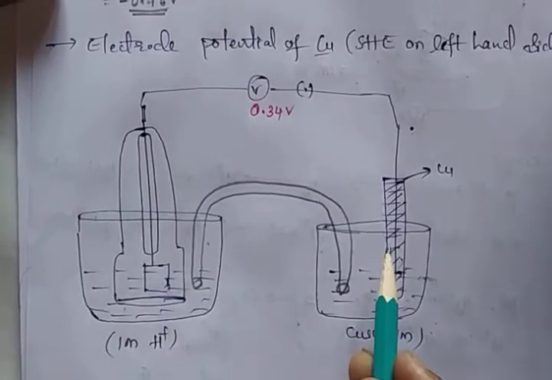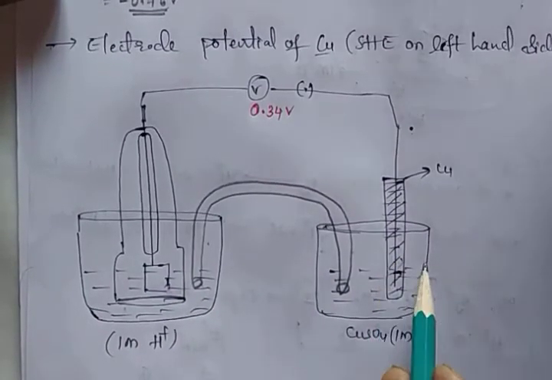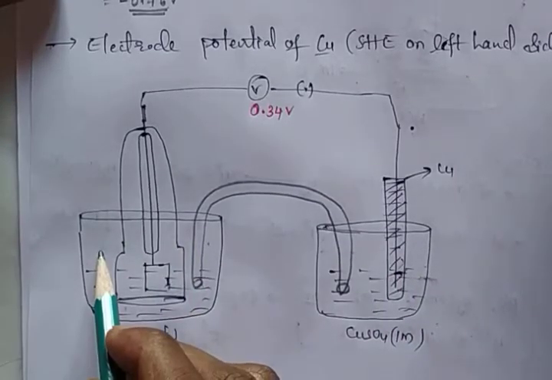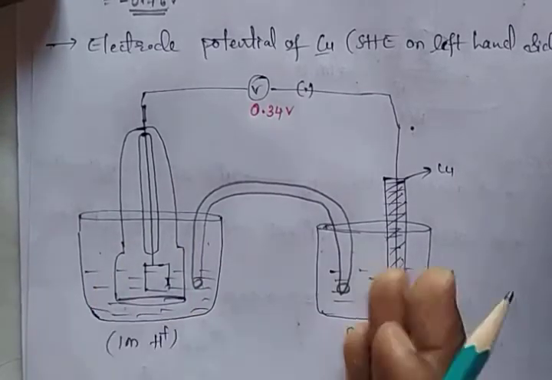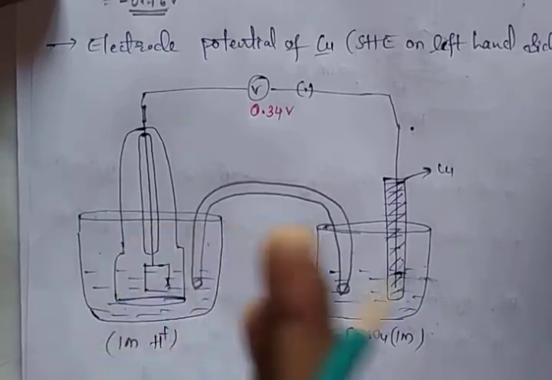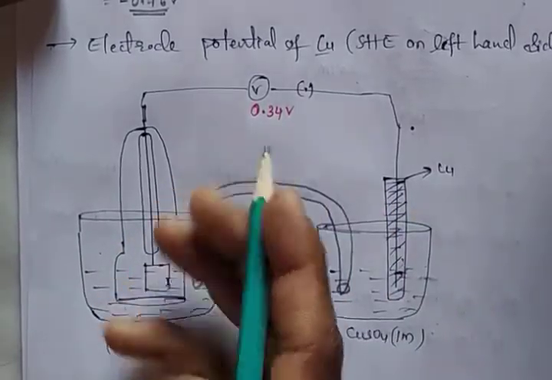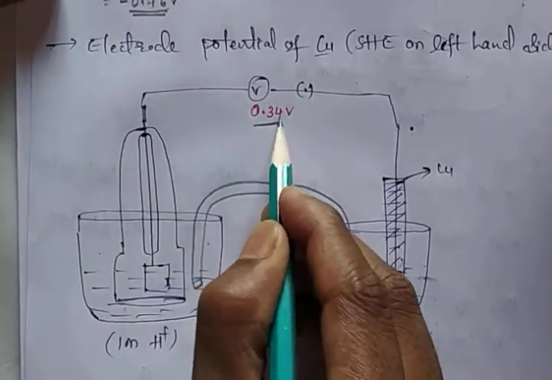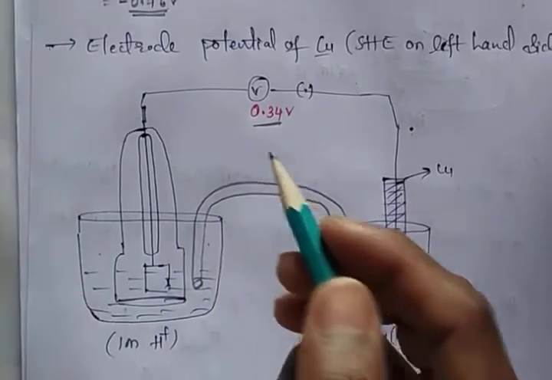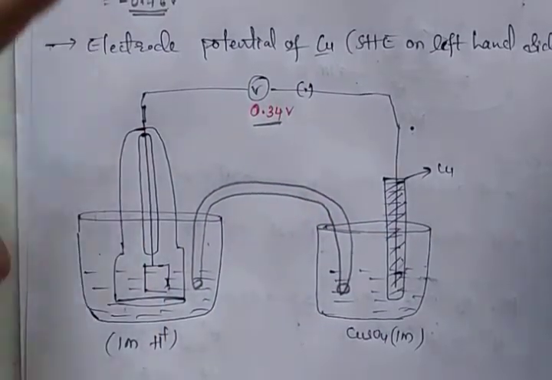If copper is placed at the right hand side and the SHE at the left hand side... Suppose copper is placed at the left and the SHE at the right hand side, then its value here is minus 0.34. Its value is shown on the voltmeter and that is the value we need to know.